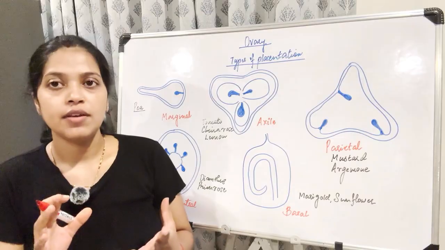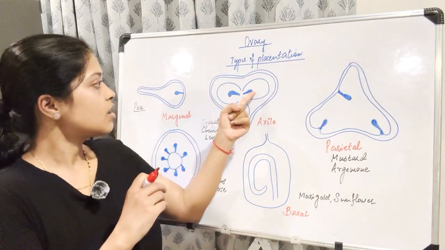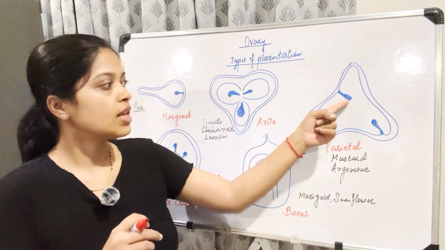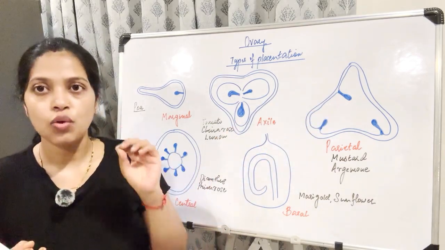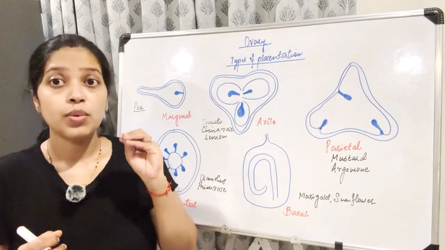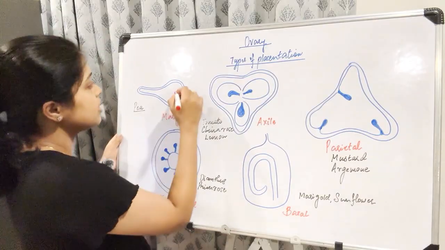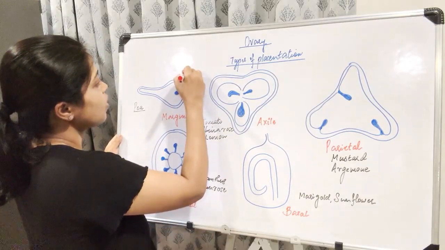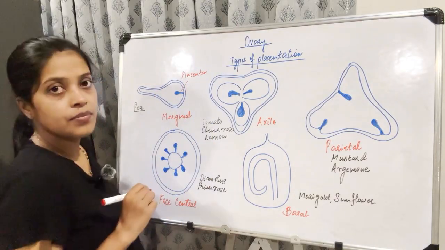Inside the ovary, we have the ovules. These dark colored blue structures that you are seeing are the ovules. The tissue via which the ovule is attached to the ovary is called the placenta.